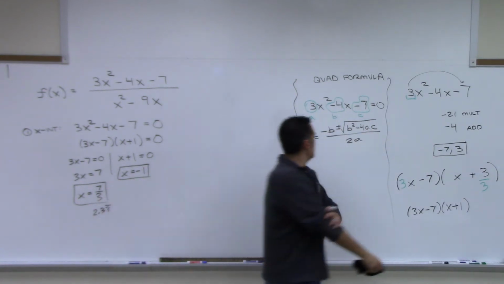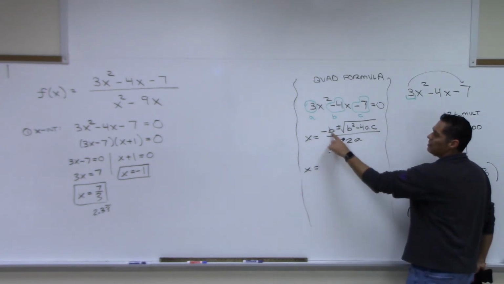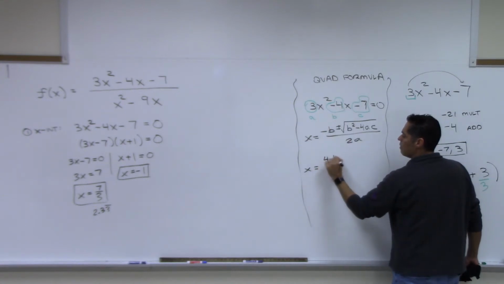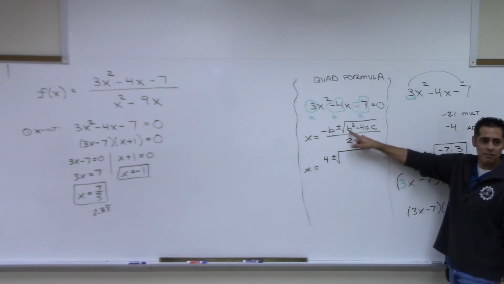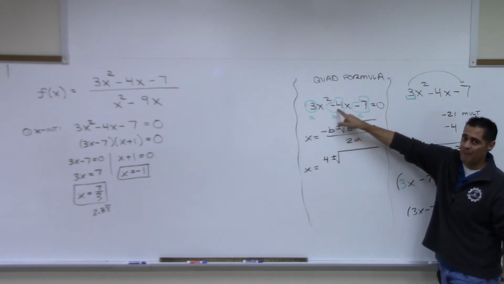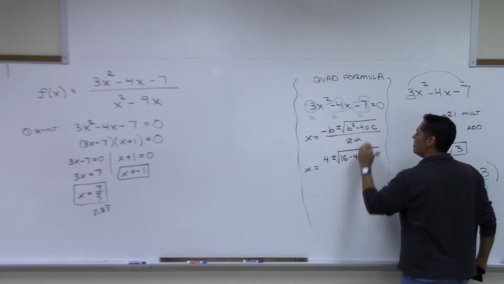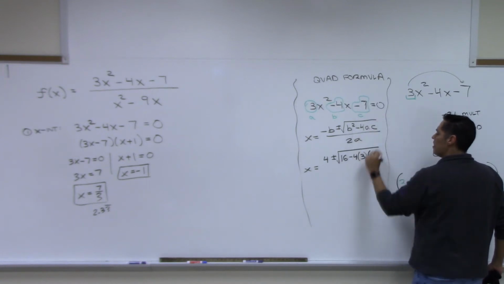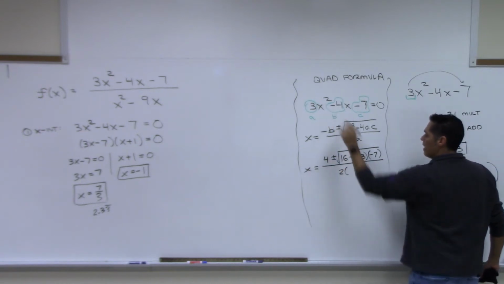Let's see. So x equals, negative b is the opposite of what we have for b. So we have negative 4, so negative 4 should give me positive 4, plus or minus the square root. B squared means I'm going to square negative 4, which gives me positive 16. Minus 4 times a was 3, times c, which was negative 7. All of this over 2 times a was 3.